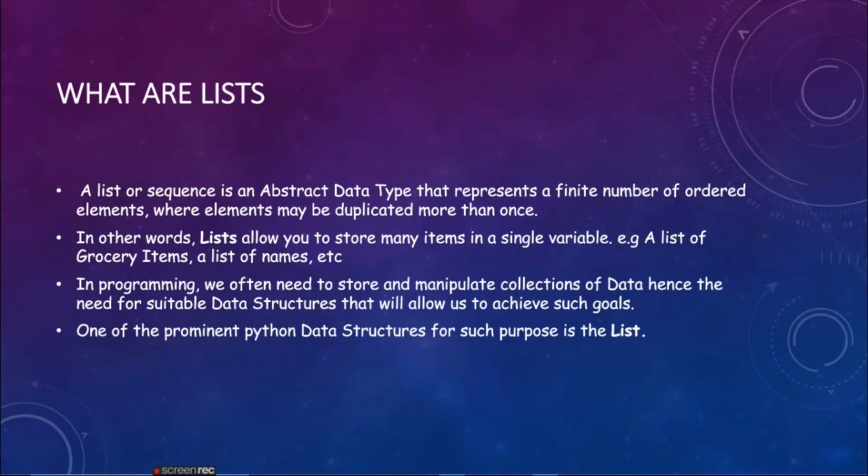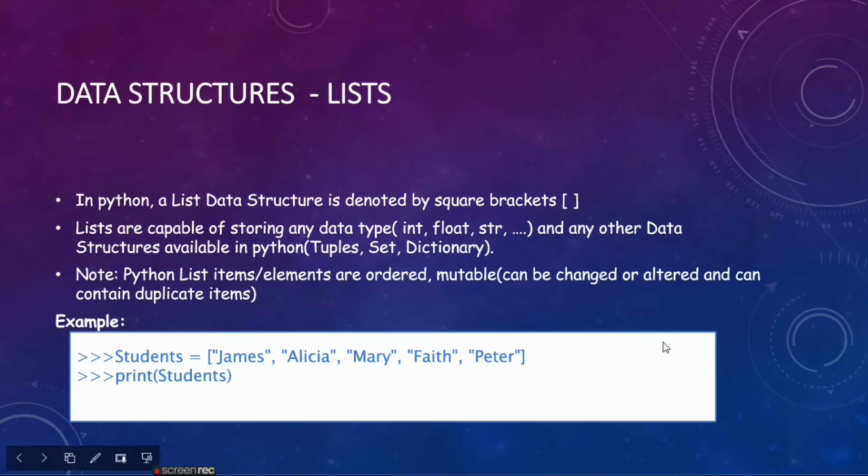In programming, we often need to store and manipulate collections of data, hence the need for suitable data structures that will allow us to achieve such goals. One of the prominent Python data structures for such a purpose is the list. In Python, a list is denoted by square brackets.